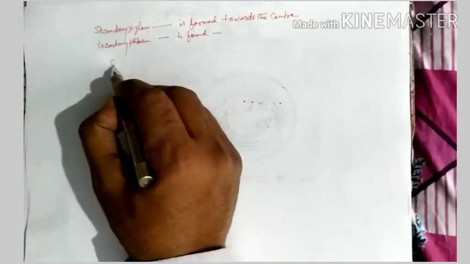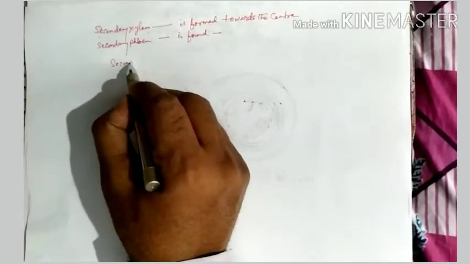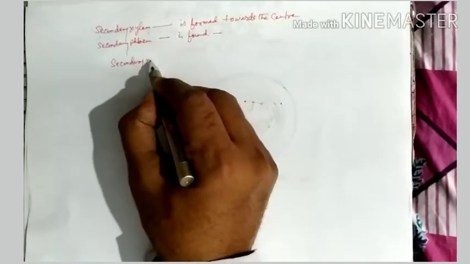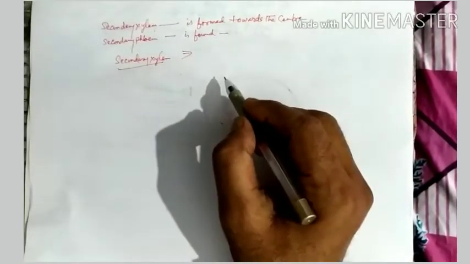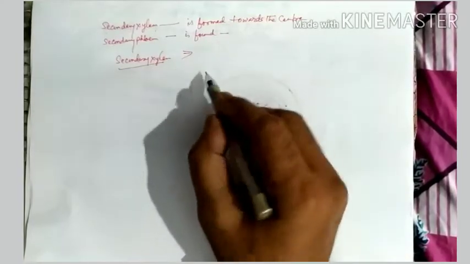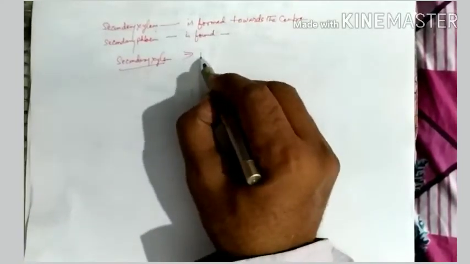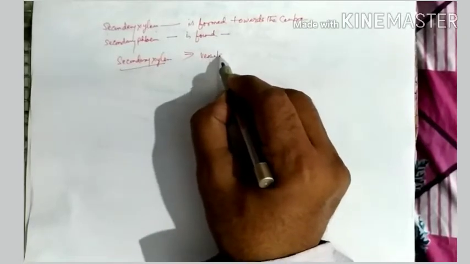In this secondary xylem, vessels and tracheids are found.